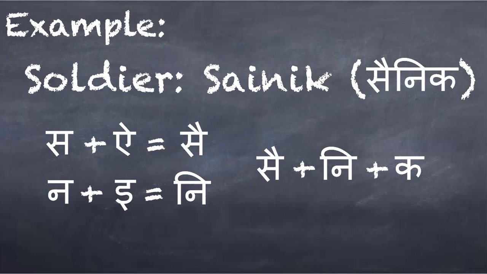It also has another sound that is ni. Now that is made by taking Vyanjan na and swar e, and that would make ni. And now we can put it together, se, ni, and Vyanjan ka, and together it will make sainik.